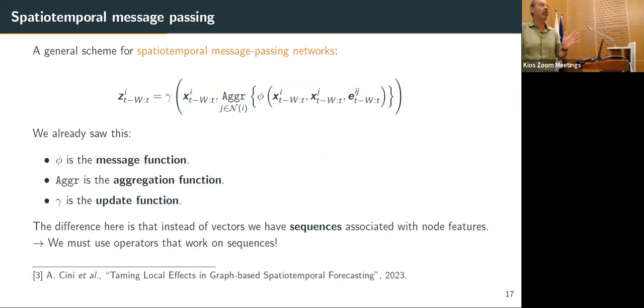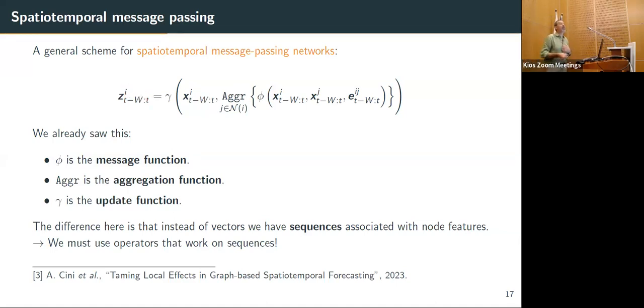Put everything together, crunch this data in time. Through phi, you aggregate, and then you process everything, you join, you blend everything together through function gamma, by looking at my time history. Not only a sample, but what happened to me in terms of features in the past, W samples. Okay?